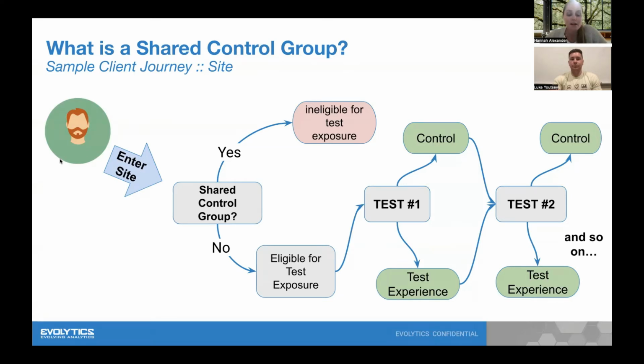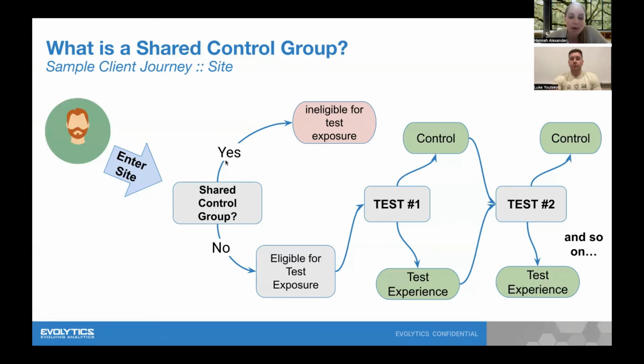So here we've got our client entering the site. This is something that would be a business decision, deciding when this takes place. For our current example, let's say that the shared control group eligibility is established at site entry.